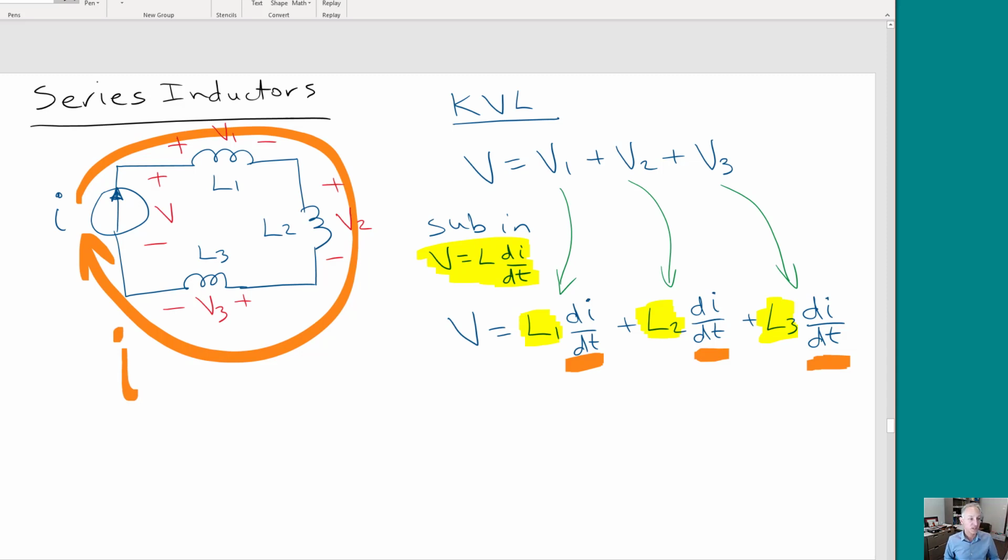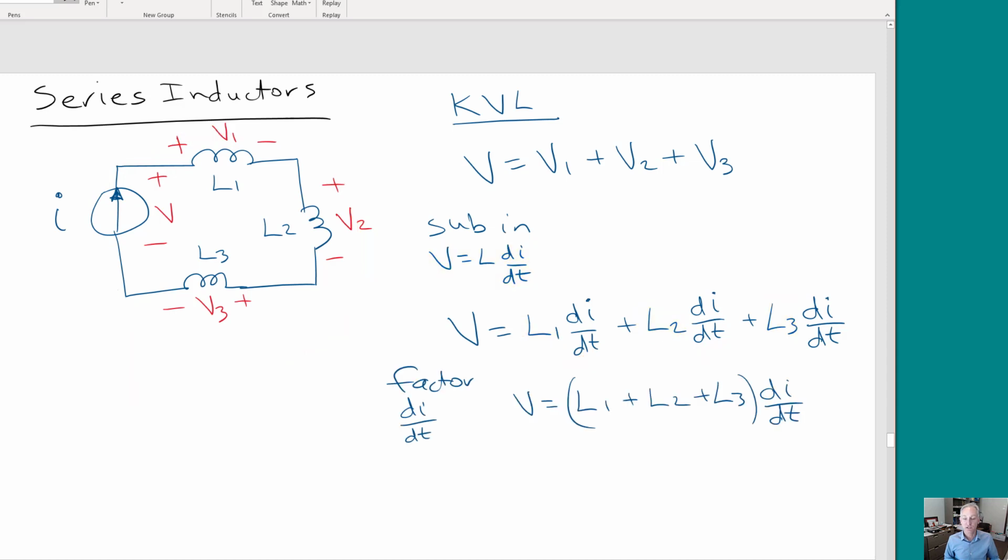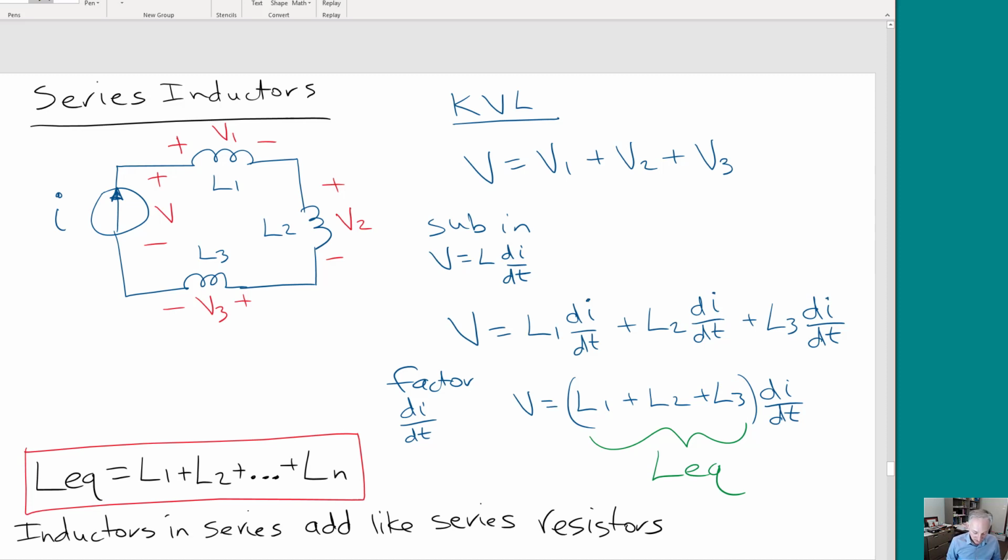So then, if we factor out di dt, we get L1 plus L2 plus L3 times di dt, and if we specify L1 plus L2 plus L3 as L equivalent, then we get the relationship L equivalent is equal to L1 plus L2 plus however many inductors you have in series.